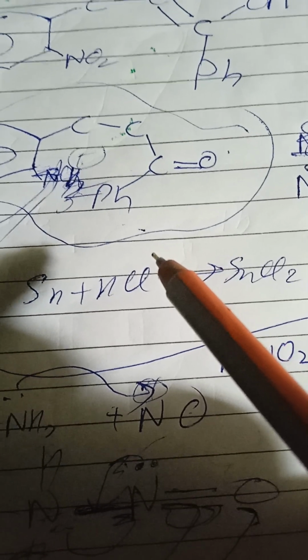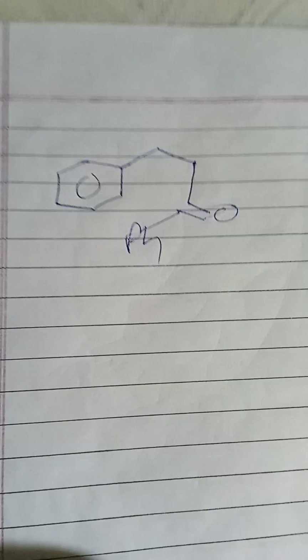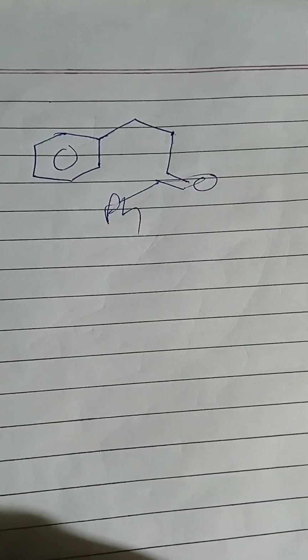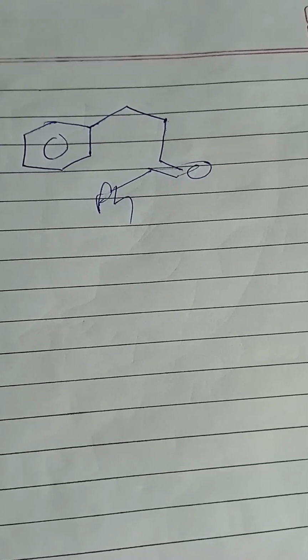So next thing in the question was addition of Ni/H2. Okay, let me jot it down first. Just a minute. So this is the compound we get after reacting NaNO2/HCl, Sn/HCl, H3PO2.